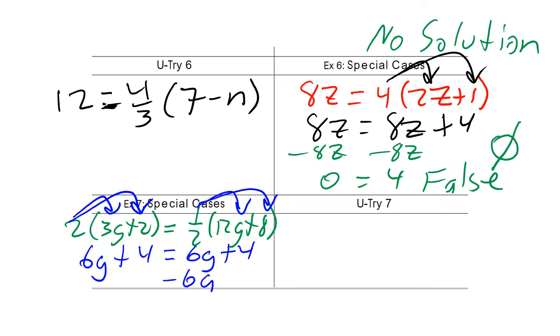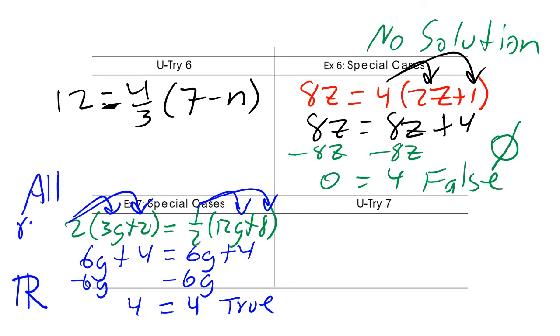And if I subtract 6g from both sides, I will get 4 equals 4. True. If the variables disappear and you get a true statement, your answer is all real numbers. That sign means numbers, not hashtag.